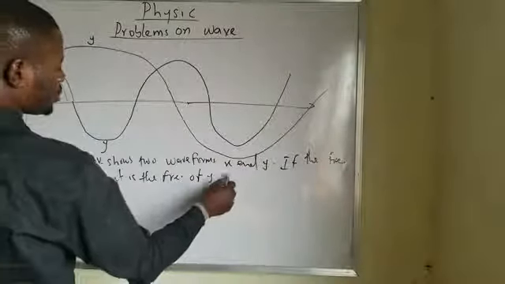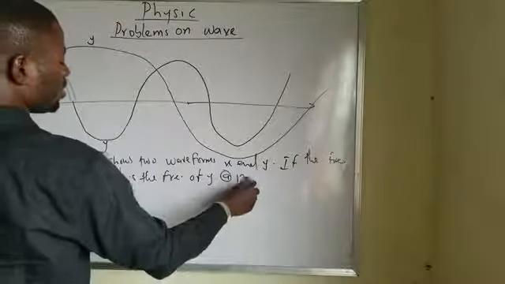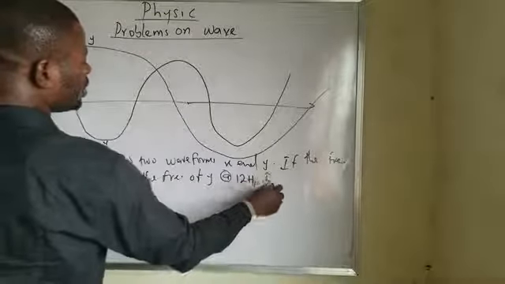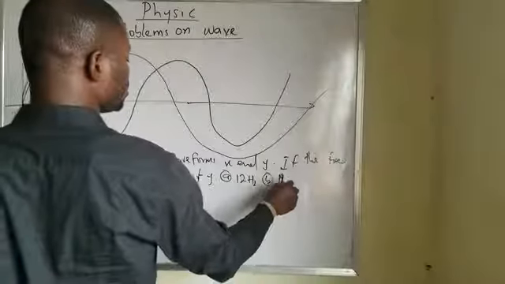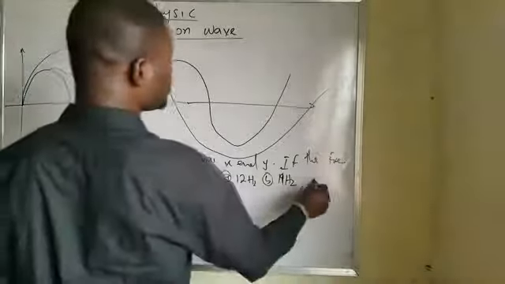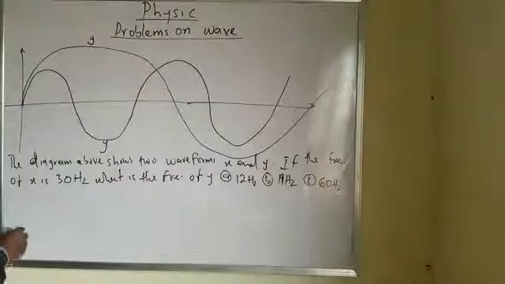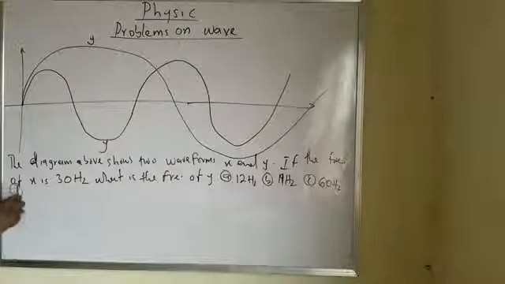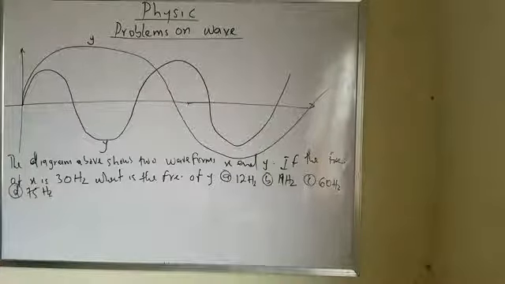We have options. A, we have 12 Hz. B, we have 19 Hz. And C, we have 60 Hz. And D, we have 75 Hz. Now, how can we solve this type of problem?